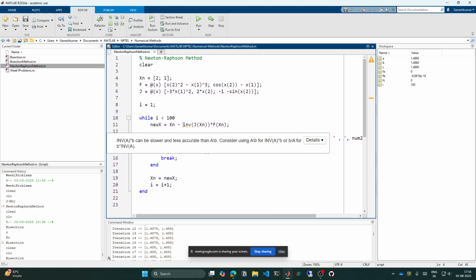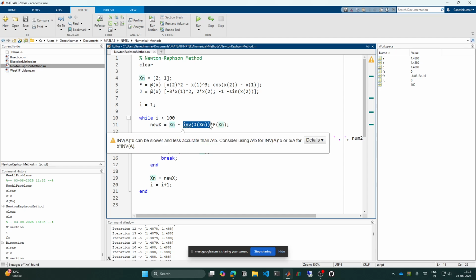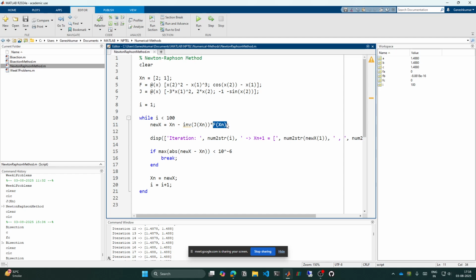In Newton-Raphson it becomes very simple like this. You find the new x as the old x minus the inverse of the Jacobian matrix multiplied by the function evaluated at x. When you put this handle at x, then it becomes a function handle. You can call this function any time to evaluate these values, and this will return the vectors.